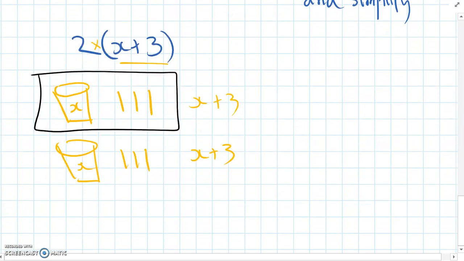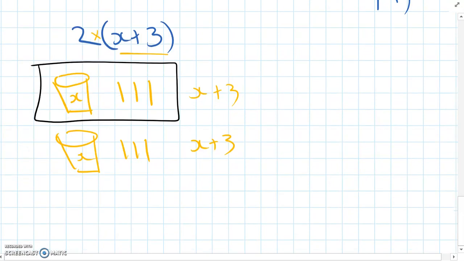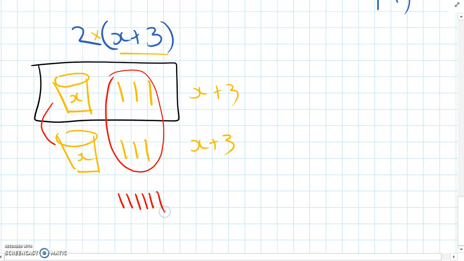We've got x plus 3 here and another x plus 3 here. So we're halfway to expanding, but now we need to group together the like objects. We can see that the x cups are the same object, and all the straws are the same object. So if we group the straws together, we have 6 straws now, and our 2 x cups.